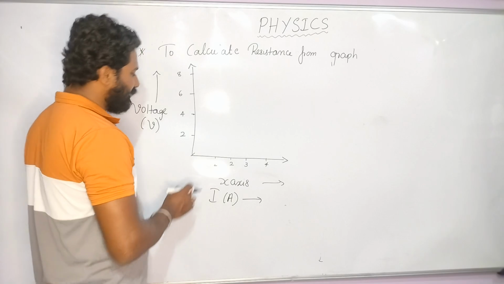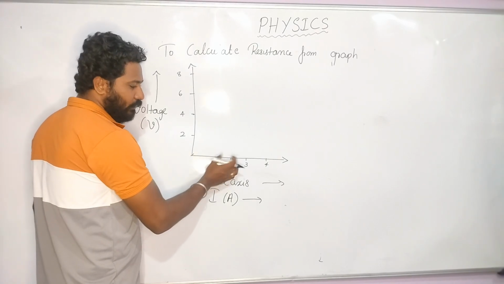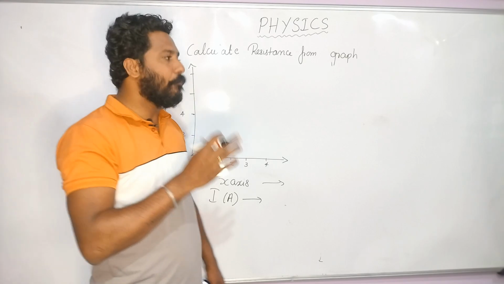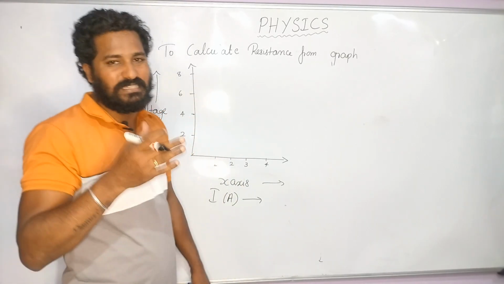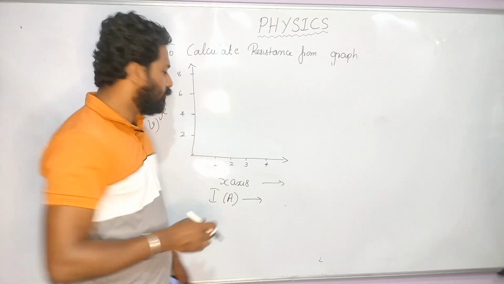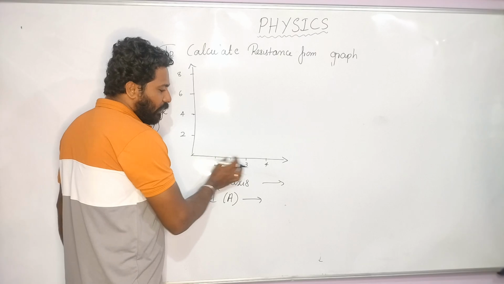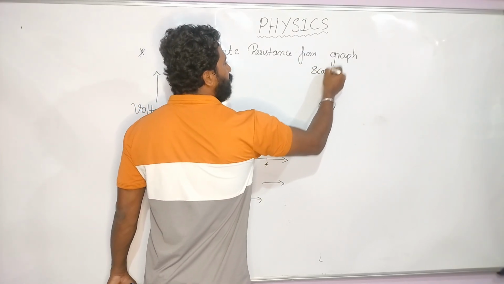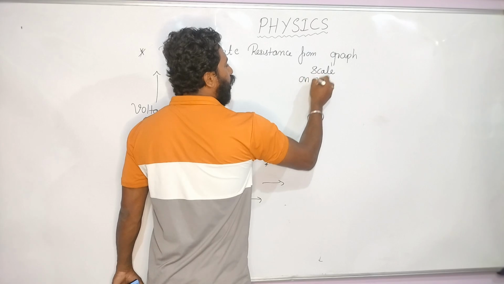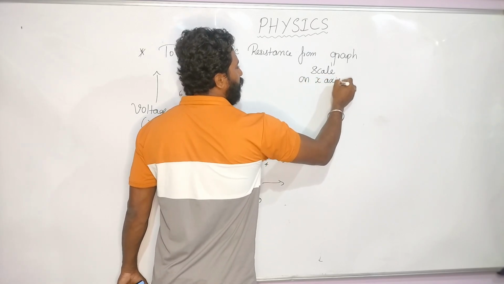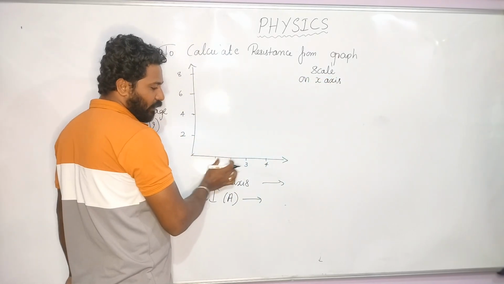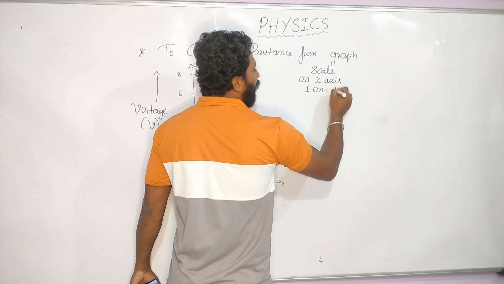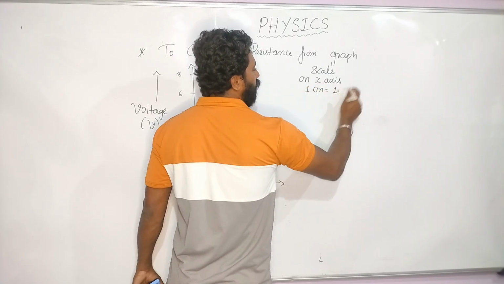Now you can see, in your graph books you will have one box, right? That box is a measurement of 1 centimeter. Here, how much have I taken? One box. So this is the scale, I have to write the scale. On the x-axis I have taken one box, so 1 centimeter means 1 ampere, children.